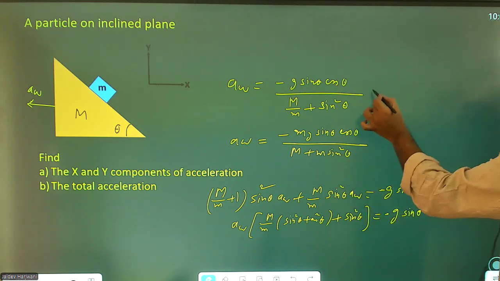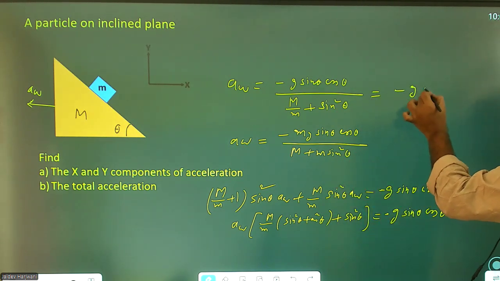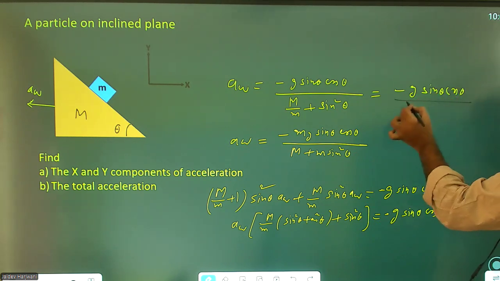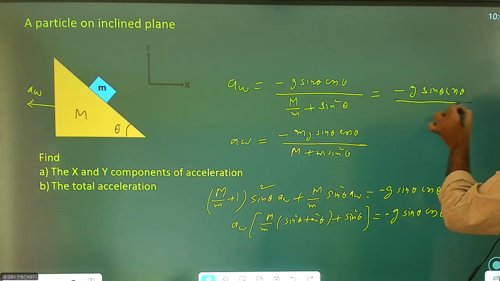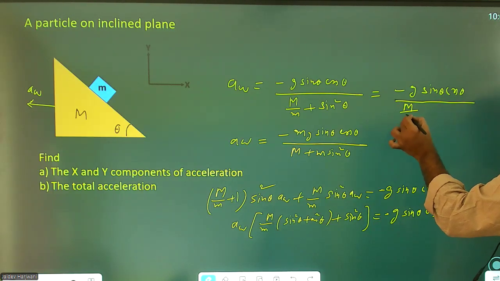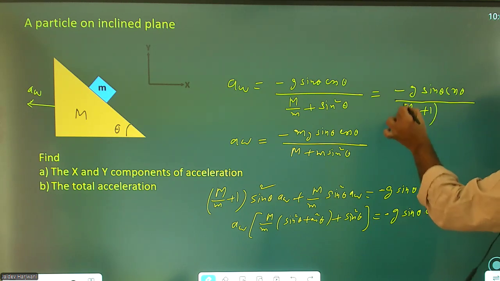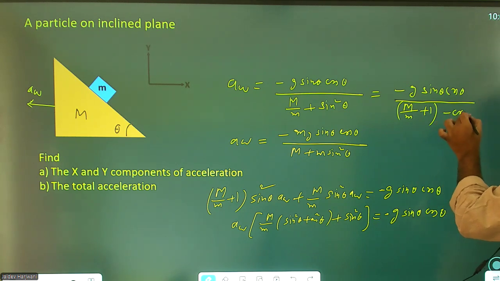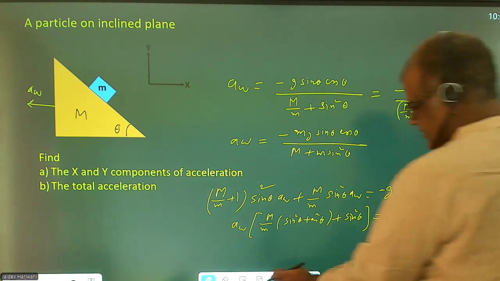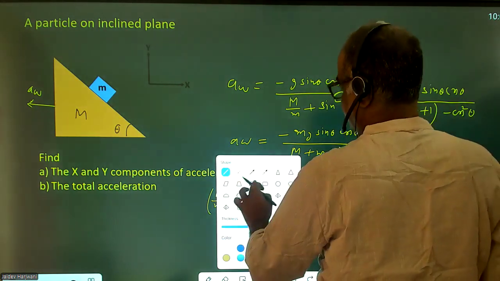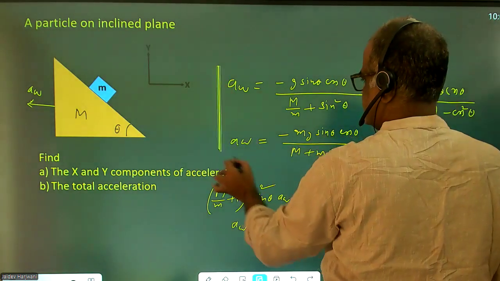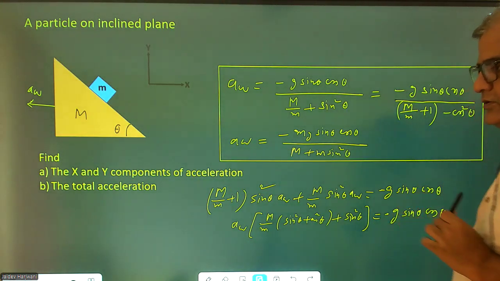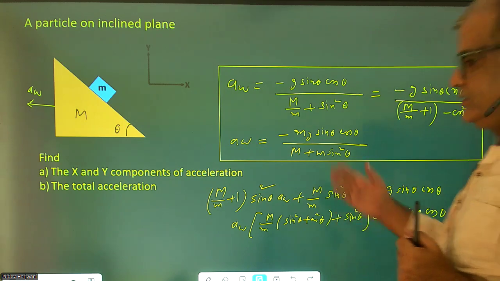Sometimes this expression is also given in the form of cos, so you can write g sine theta cos theta over m upon M plus 1 minus cos square theta. So this is our expression for the wedge.